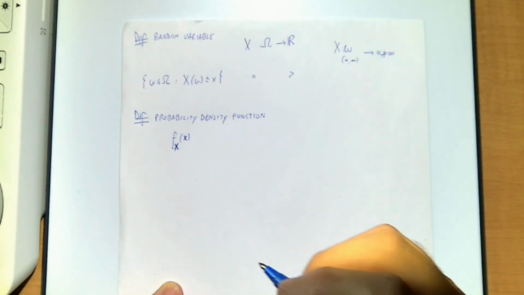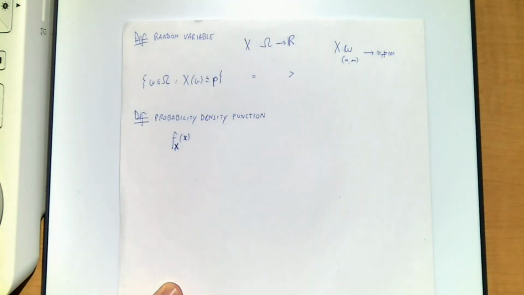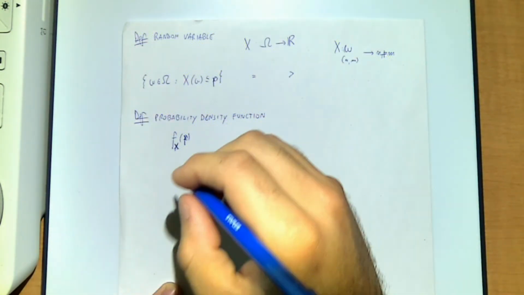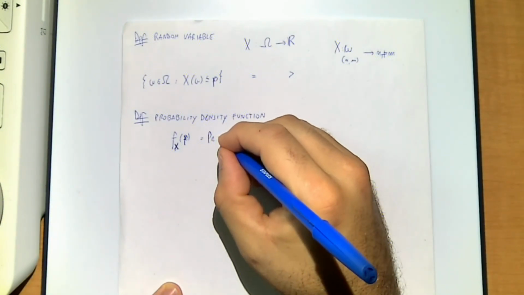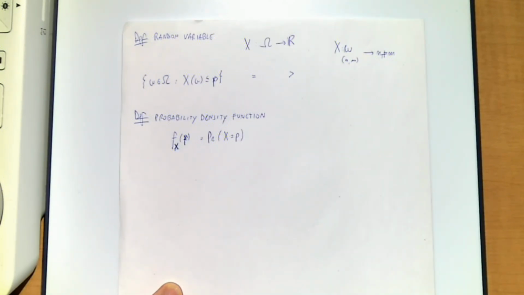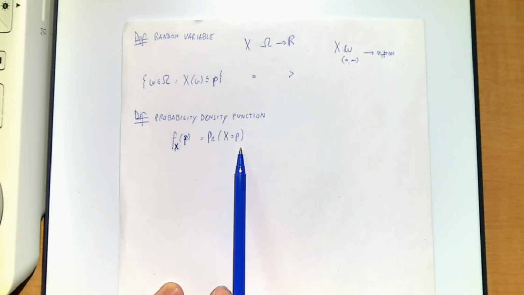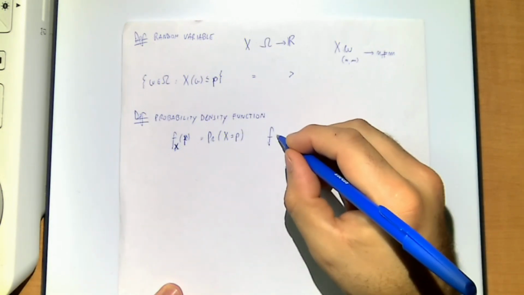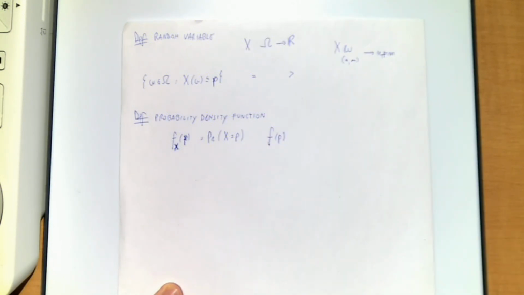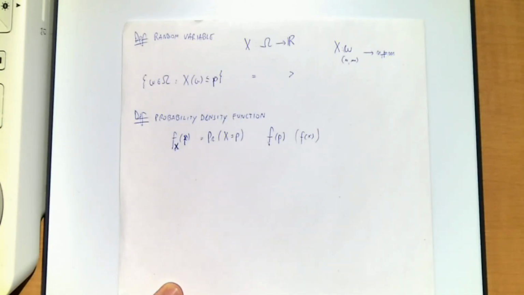So maybe let's just call this P. Then this is defined as the probability of X equal P. In your book you have little x, and capital X is a little bit harder to write. Okay, so f_X(P) is the probability that the random variable takes exactly that value. Sometimes we just write f(P), or in the notation of the book, f(x), if we don't have to specify what the random variable is.